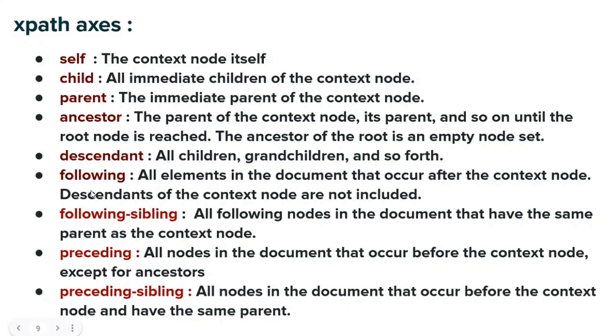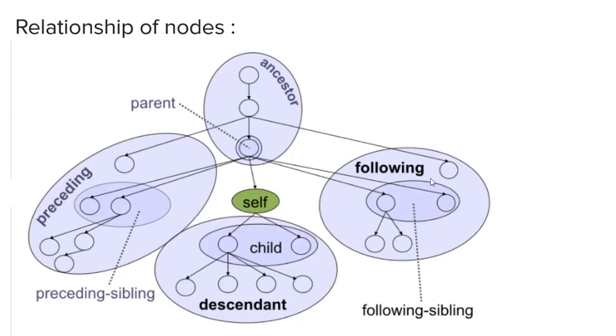So apart from descendants of the context node, all the element nodes which are after the context node come under the following nodes. If you see the example or the diagram here, in actual HTML, these nodes will be coming after the self node or the context node.